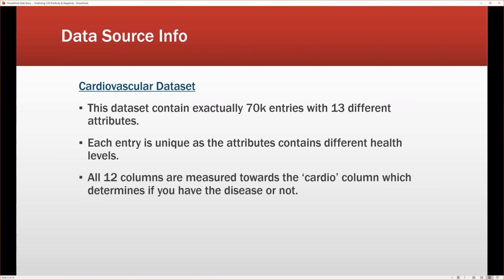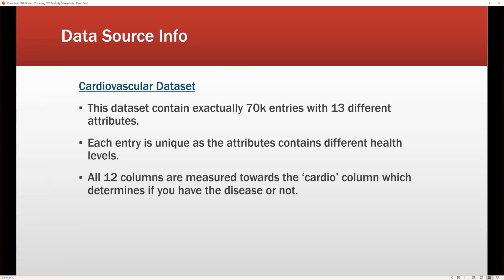Those attributes contain some of the features that I'll be using, as well as other features. And I'm not using all 13 attributes or columns because the correlation was under 0.05, and the recommended use for any feature is to be over a correlation of 0.05.